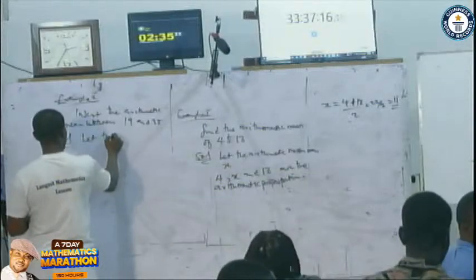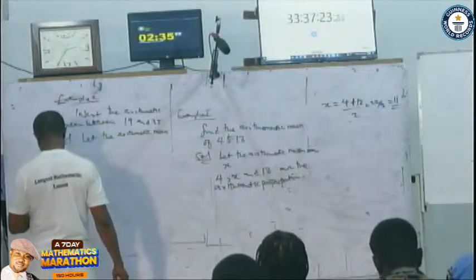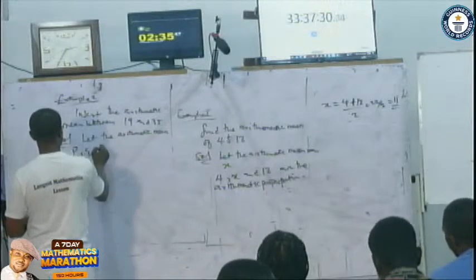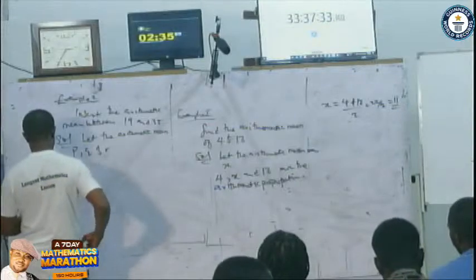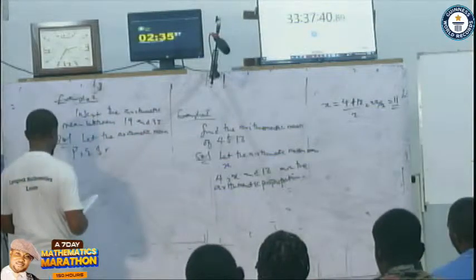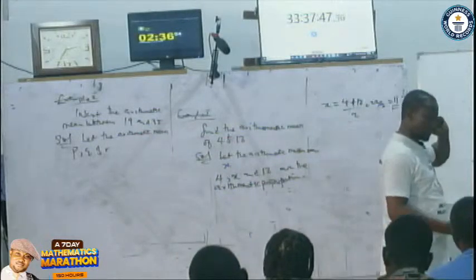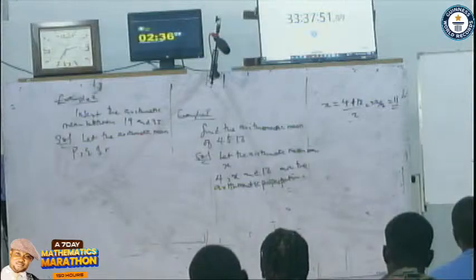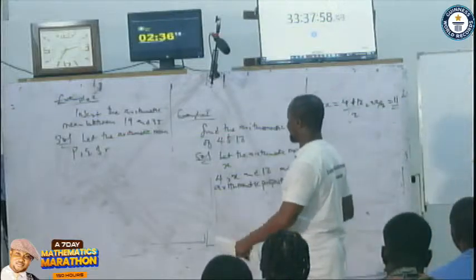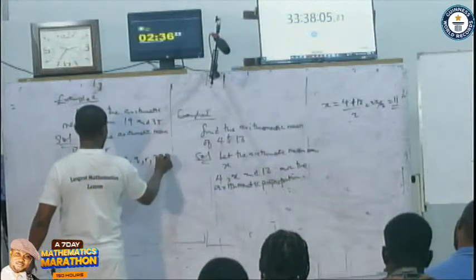Solution: let the arithmetic means be P, Q, and R. If you put P, Q, R between 19 and 35, you have 19, P, Q, R, and 35.